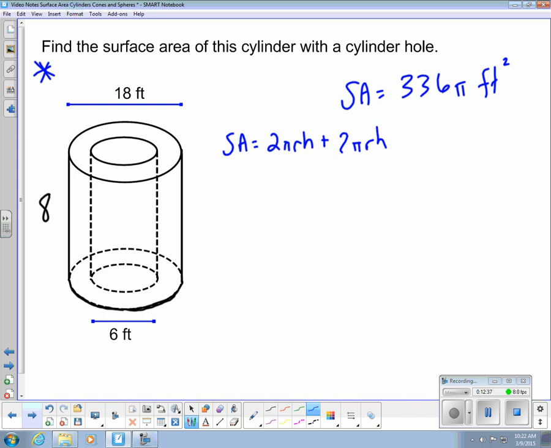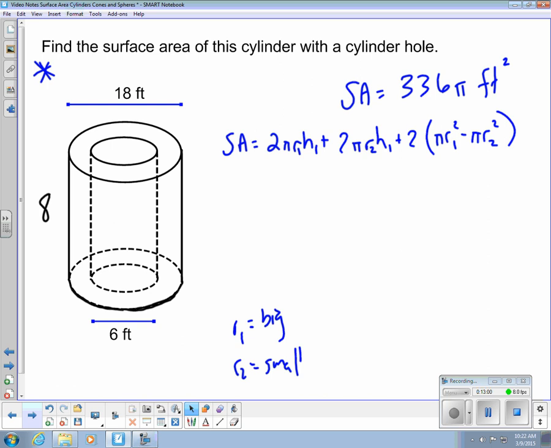And we want the two bases, but the bases are circles minus a circle. So pi r squared minus pi r squared. Now, the heights are the same. The radiuses are not. And R1 is going to be the bigger, and R2 is going to be the smaller. And that will help you get all your numbers there if you need a little help with that.